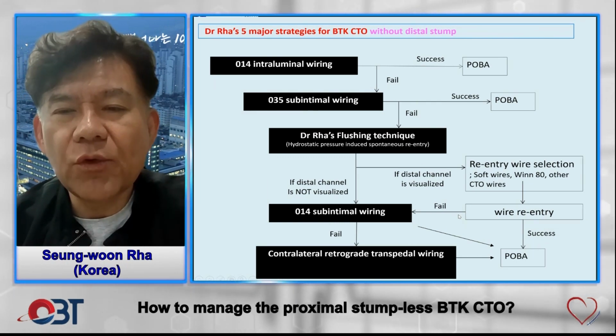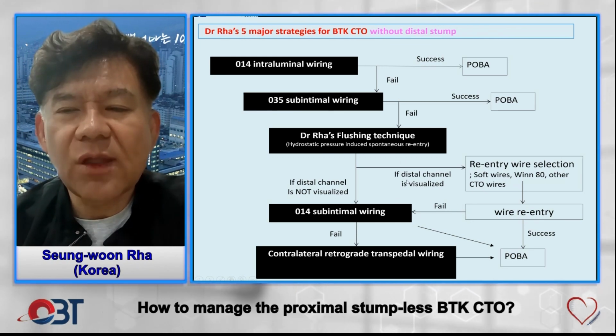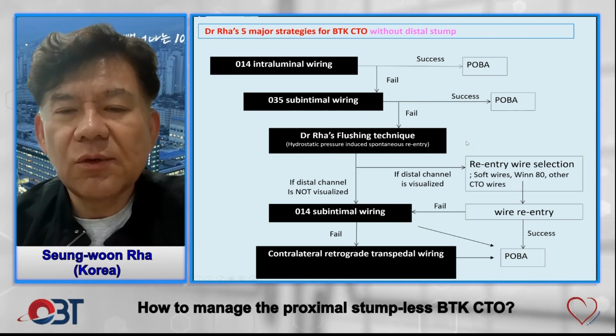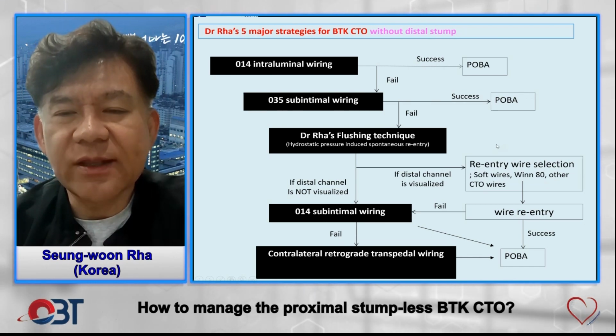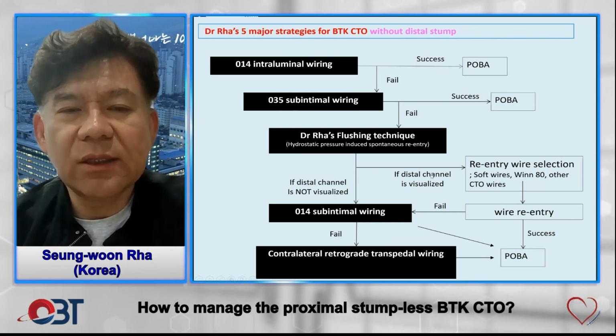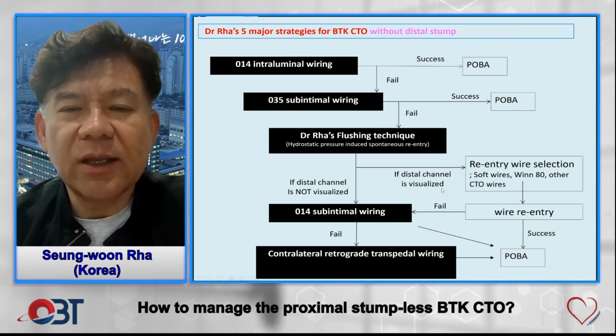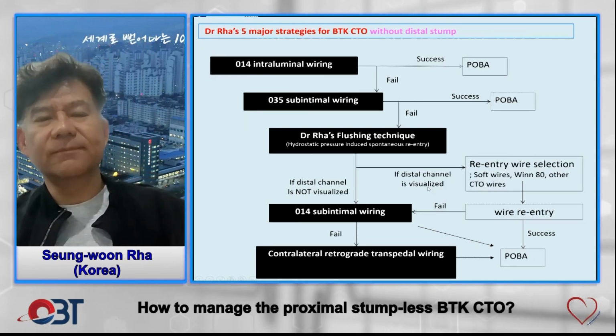So no stump in the proximal, no stump in the distal, no surgical option, no need of venous arterialization in my cases in 95% or more. So you can do every BTK critically ischemic case by the endovascular approach. Thank you for your attention.